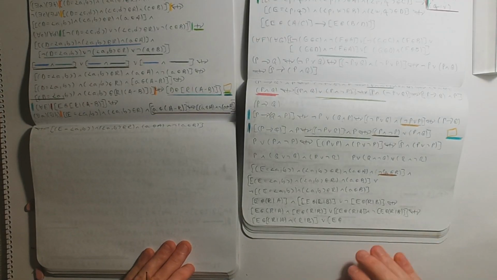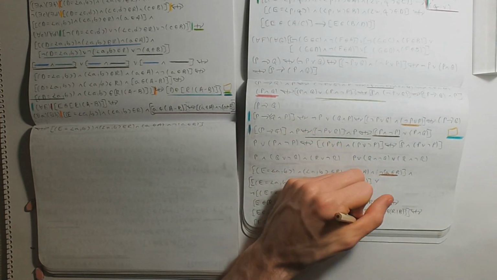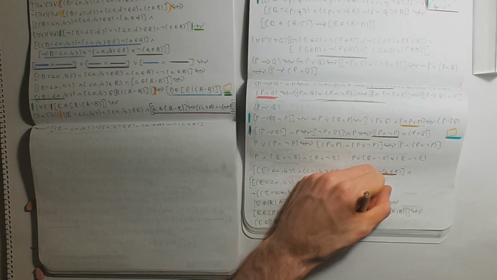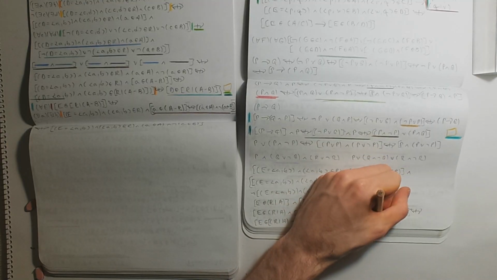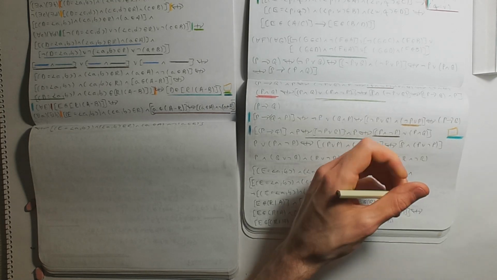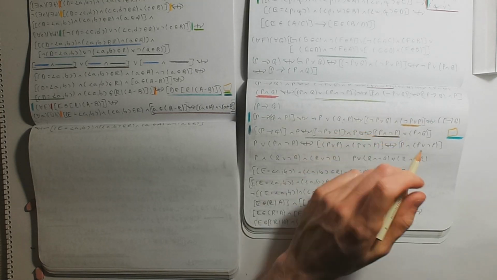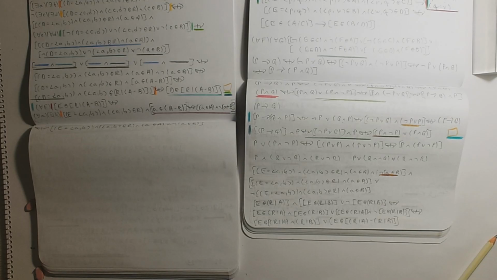Supposing this got us where we wanted to go, though it did not do that. Let's see. R pipe A minus R pipe B, where these are mutually exclusive.